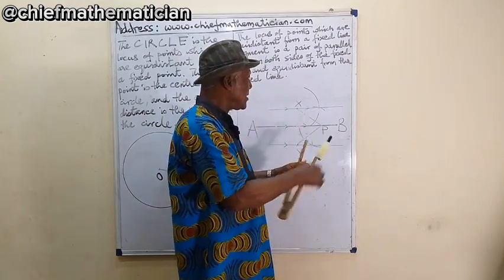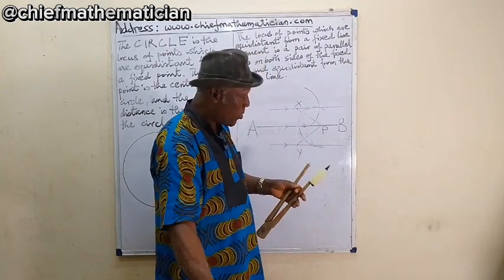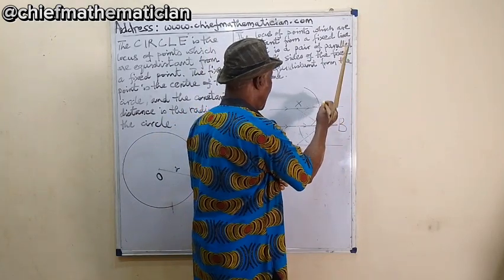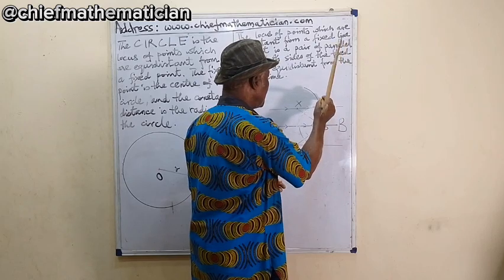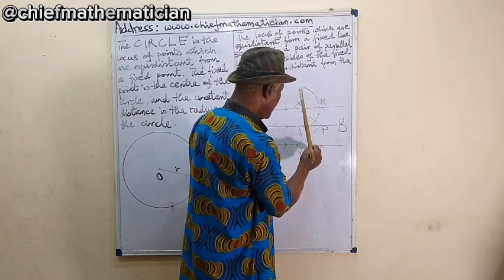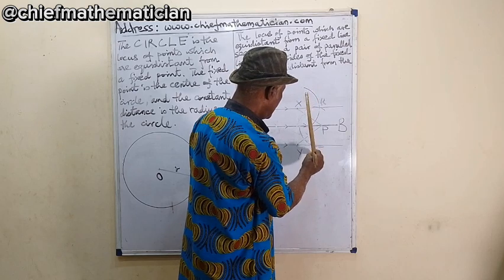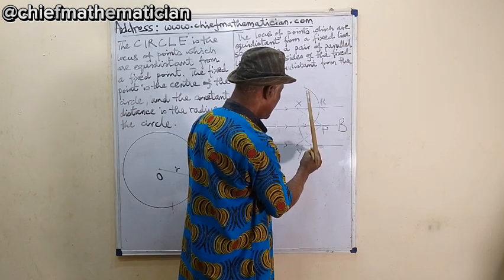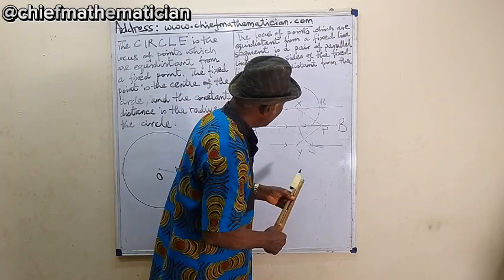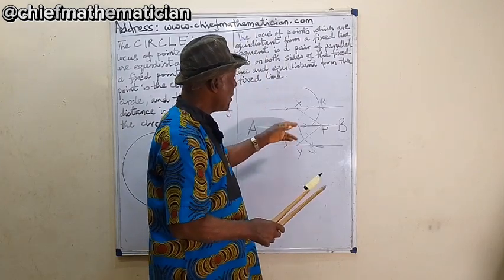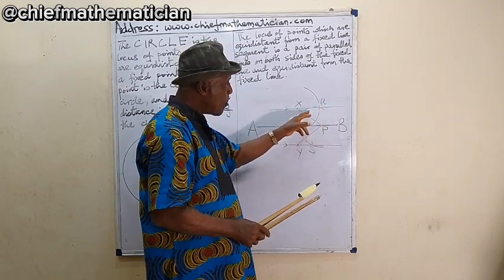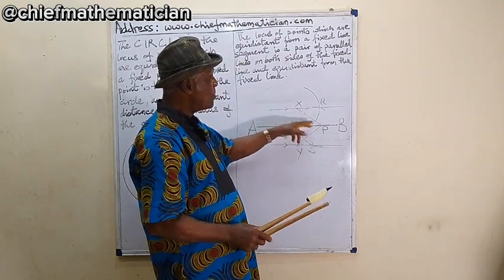Let us call these points R and S. Call this point R, call this point S. So what we have done in effect is to get angle PXR equal and alternate to angle XPA.